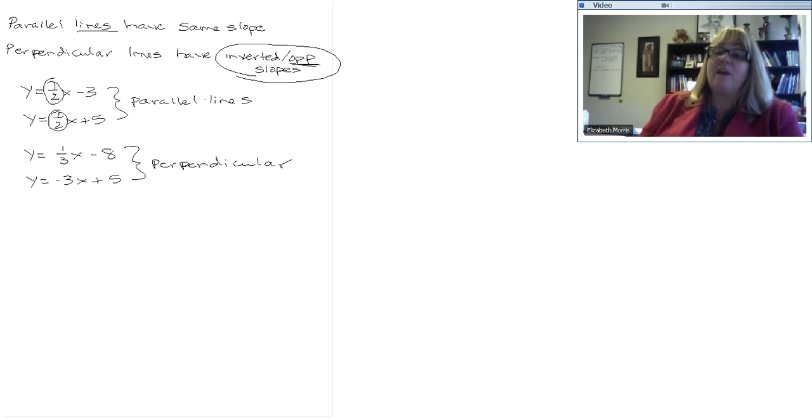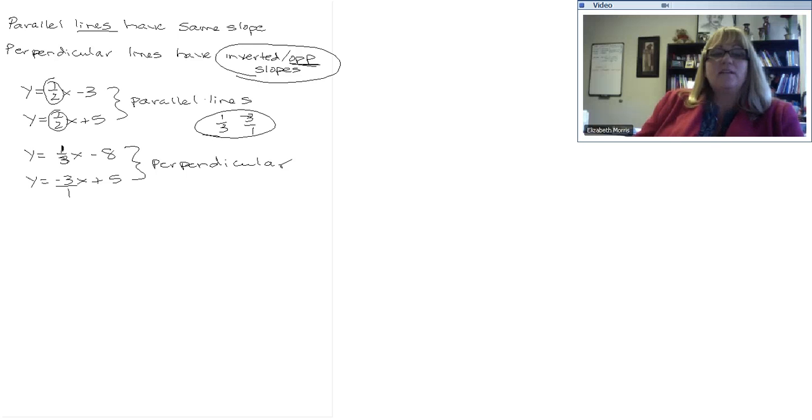So I have the opposite. Inverted means this one is 1/3. This one is 3/1. There it's opposite. 1/3, 3/1. One's positive, one's negative. They are opposite and inverted.